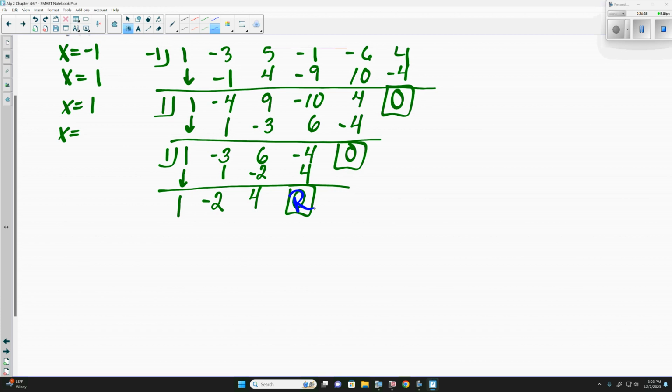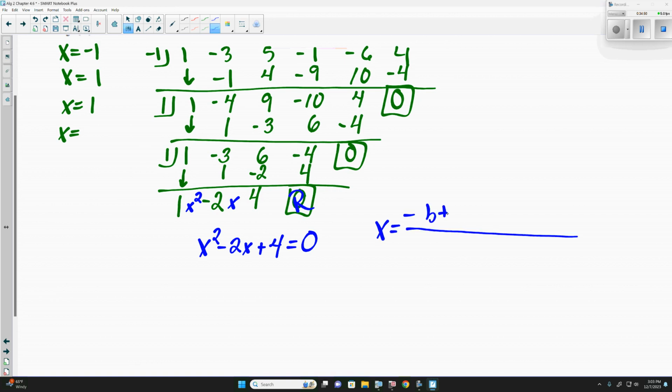So at this point, we've got to put our variables back in, which will tell us that we have x squared minus 2x plus 4 is equal to 0. Now, unlike the other day, there is no greatest common factor between these three terms. And we're going to have to use the quadratic formula.